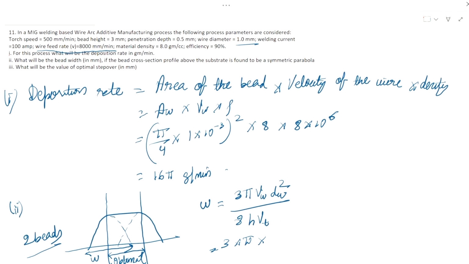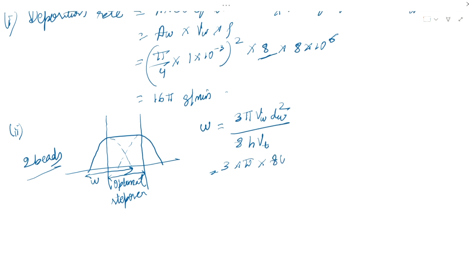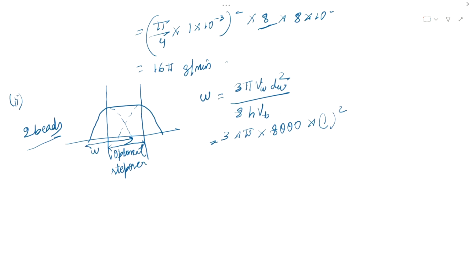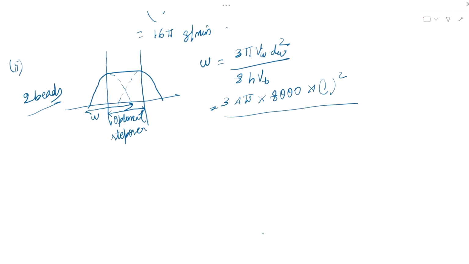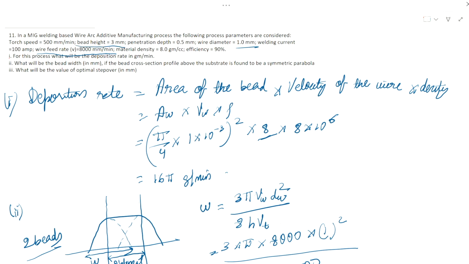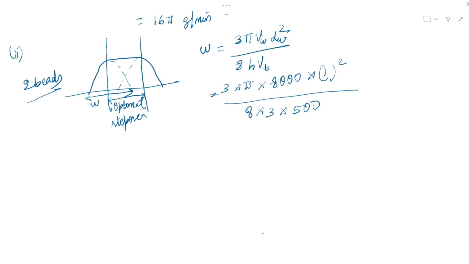W is 8000 into diameter is 1. Here we are again considering in mm, and 8 into H is 3 into 500. It is given bead height 3 and torch speed is given 500 mm per minute. This is around 2 pi.